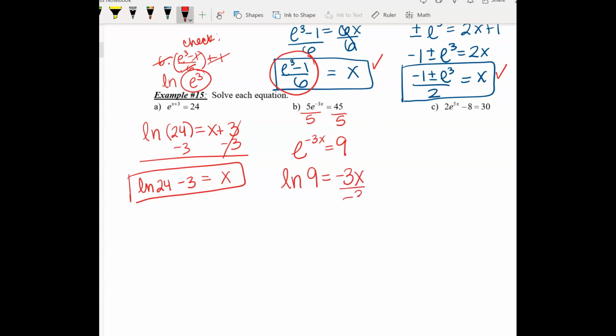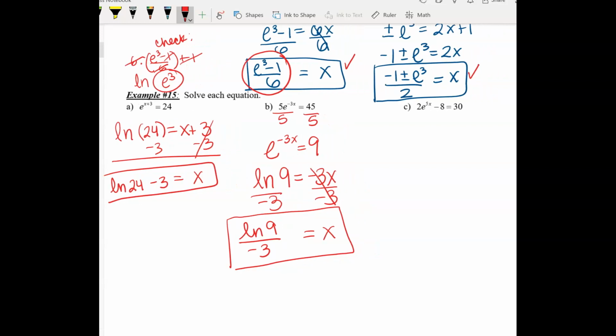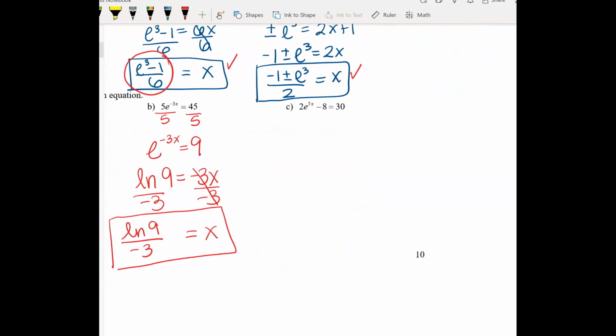And then I would divide by negative 3 to finish solving this, and I would have that x is equal to the natural log of 9 divided by negative 3. And here we don't worry about checking answers giving us negatives because x was in the exponent in all of these equations, and you can plug anything into the exponent. So if your algebra is correct, there's no chances of extraneous solutions and your answer should be fine.